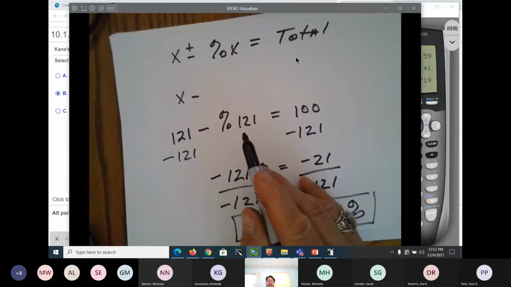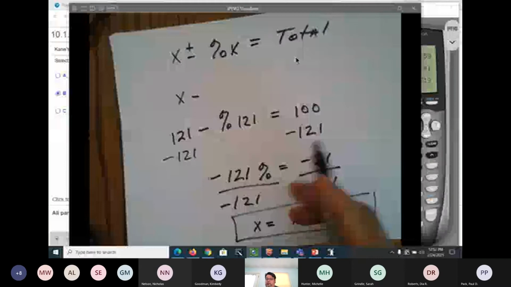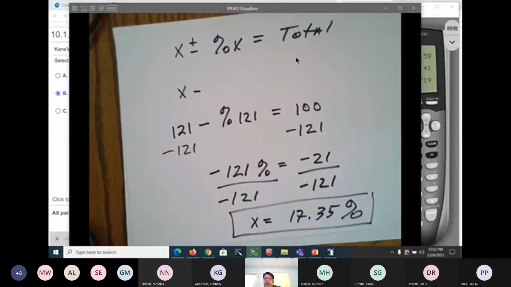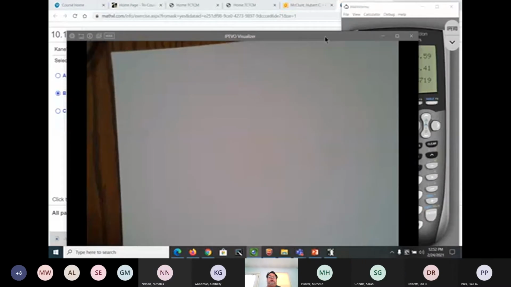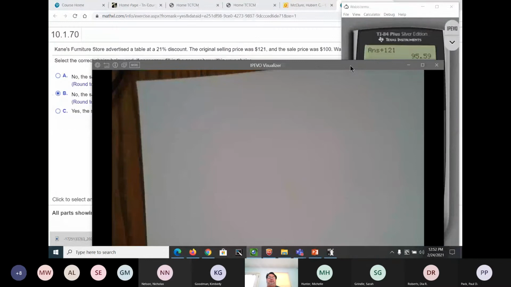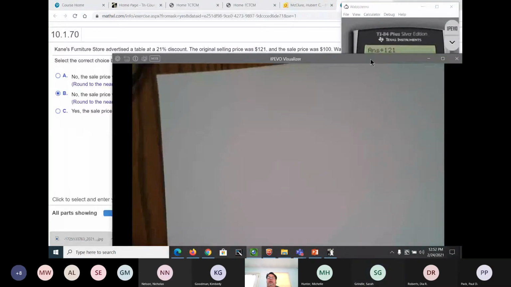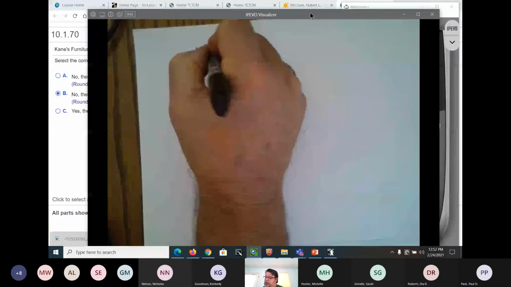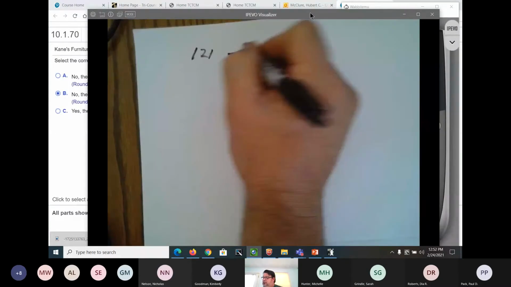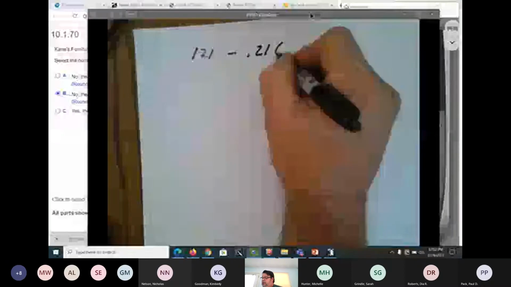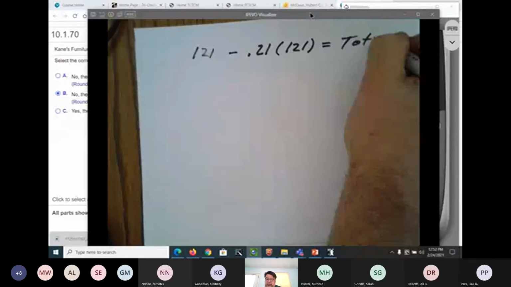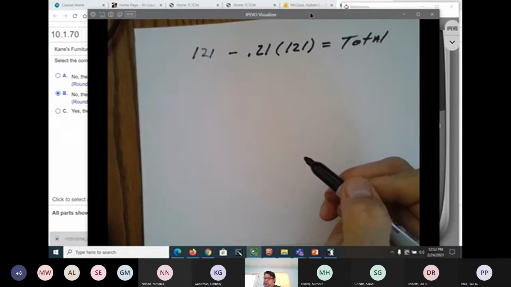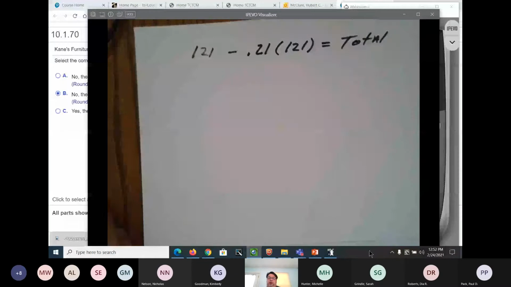If we actually took 121 and took off 21%, say using 21 and having 121, that's 121 minus 0.21 of 121 is equal to the total.